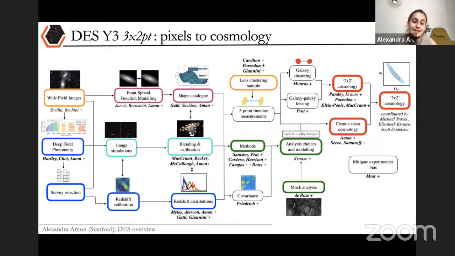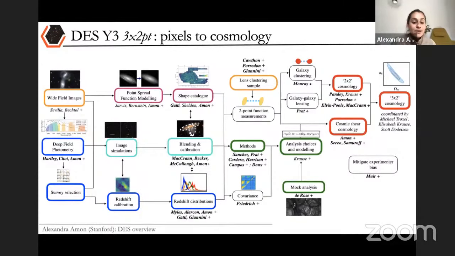The 3x2-point analysis in particular is complex and multifaceted, and this is just a top level overview of some of the main parts of the process to convey that. We're starting from images on the left to cosmology parameters on the right in red, and each bubble has kept a team busy for a couple of years. We have analysis teams, and I co-coordinate 3 of them. But the expanse of this work is really evidenced by the suite of published papers that we've bombarded arXiv with.